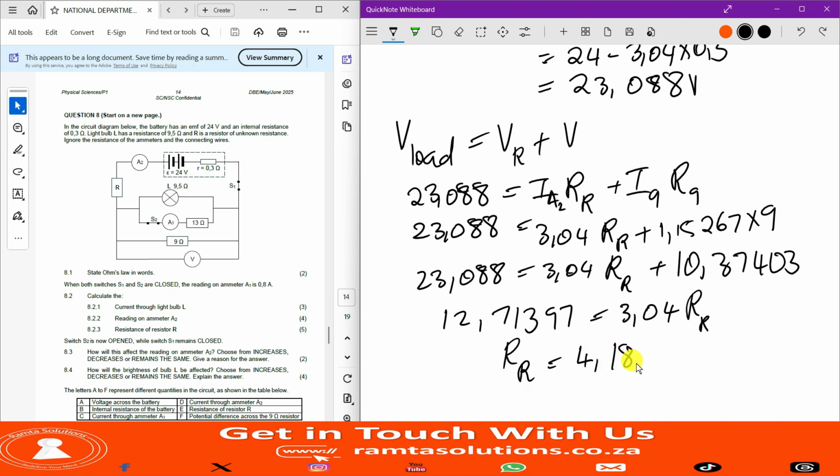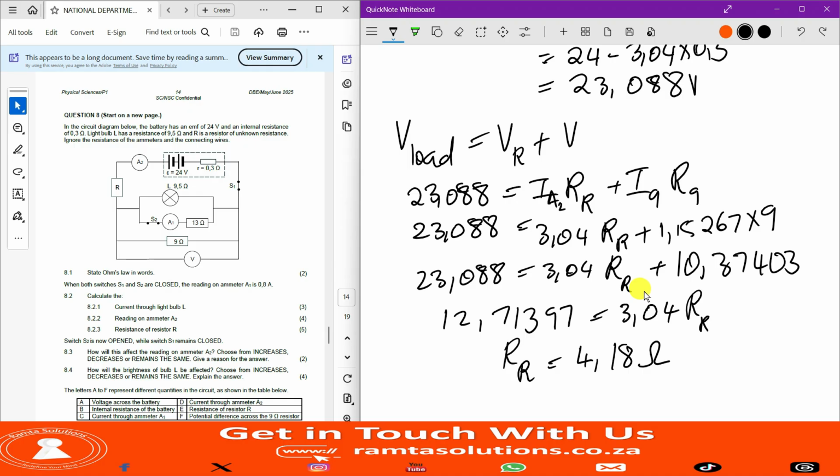The resistance will be 4,18 ohms. Okay, and this is it. So this is your answer, guys.